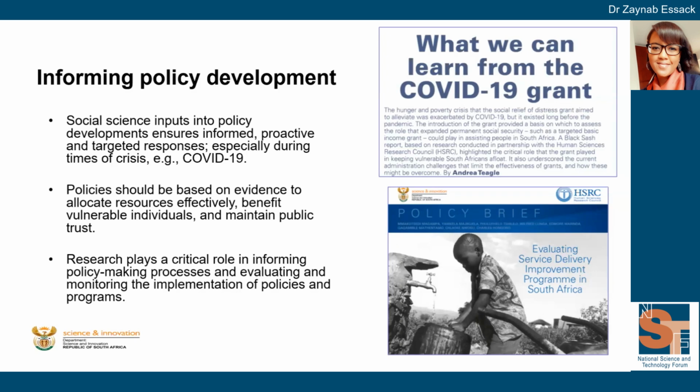Research is a fundamental component of this in terms of informing policy-making processes, as well as evaluating and monitoring the implementation of policies. So we do lots of policy analysis as social scientists, but also look at the extent to which policies are being implemented, and the gaps and areas for strengthening policy implementation.